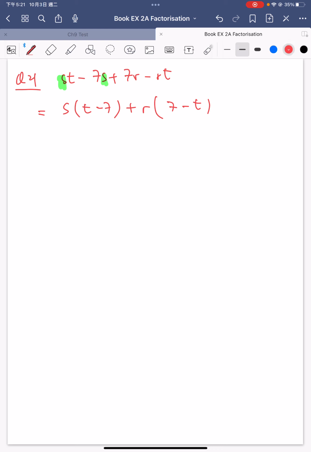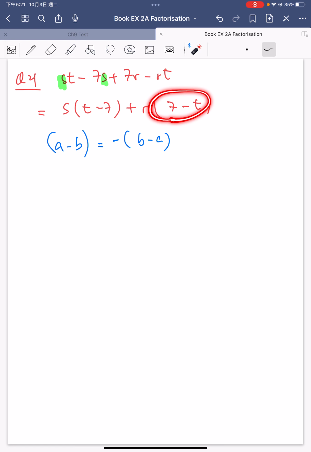Do you still remember that I taught you that if we have a minus b, we can reverse them by adding a bracket and a negative sign apart from the numbers. So now we can change this 7 minus t to t minus 7 by adding a negative to the front.